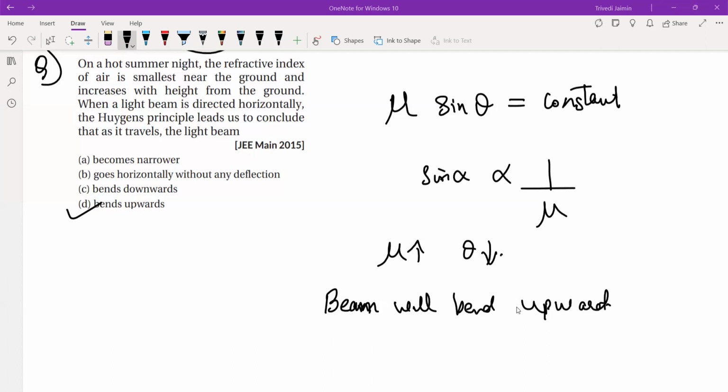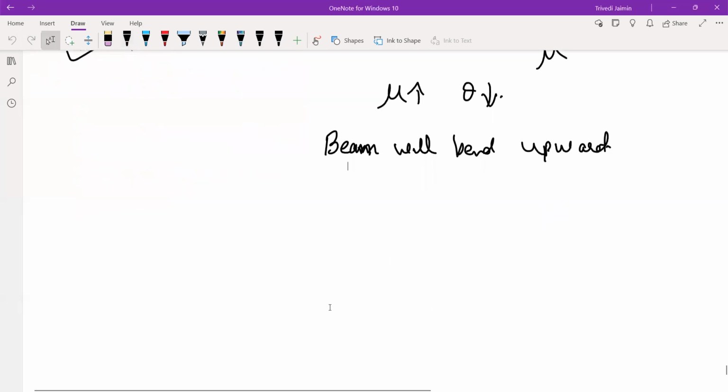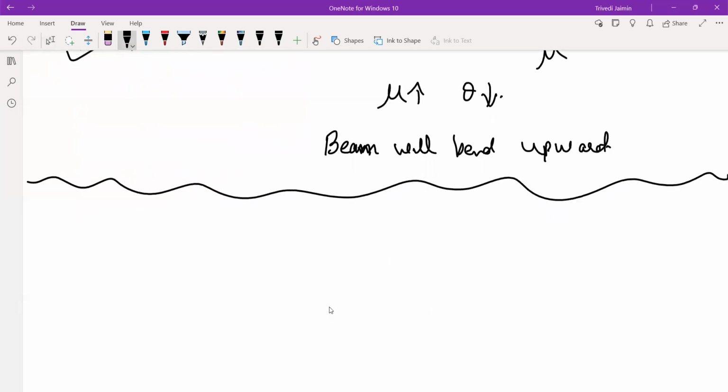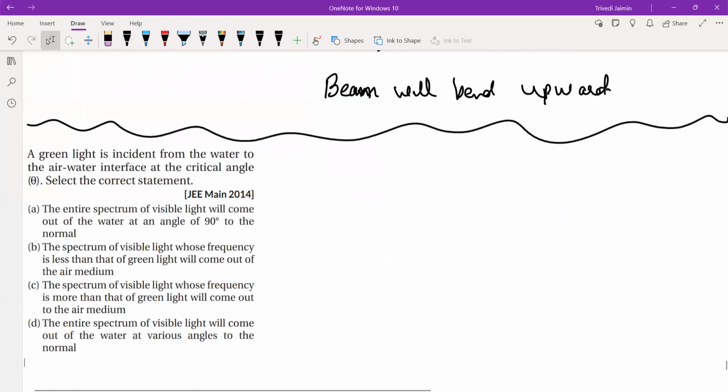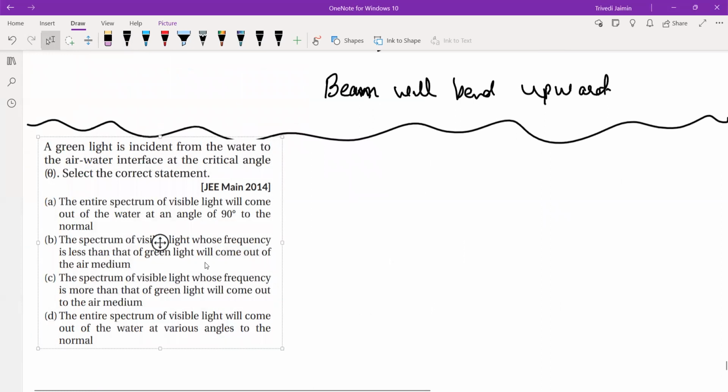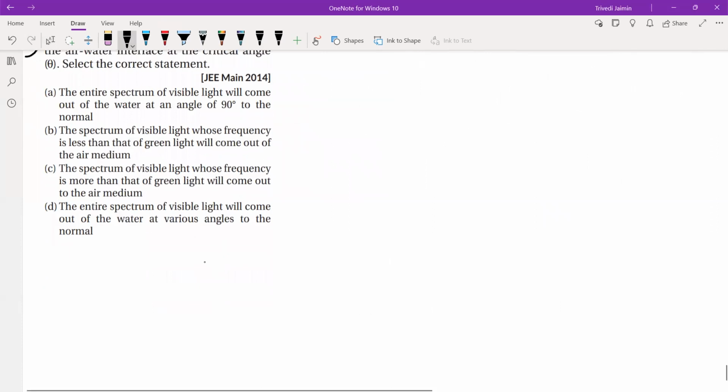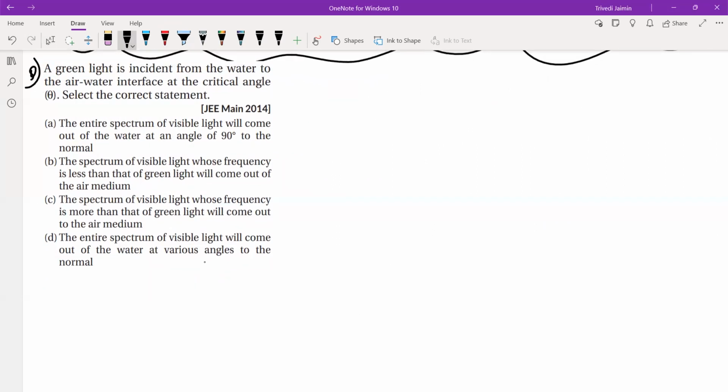Okay, try this question. These are some general knowledge questions. So for total internal reflection, what are the conditions?